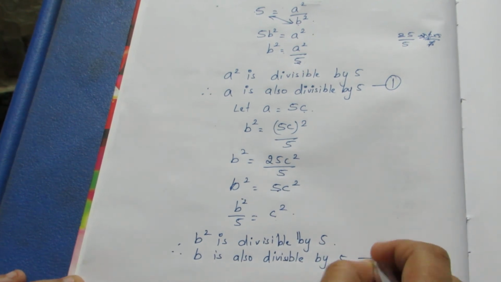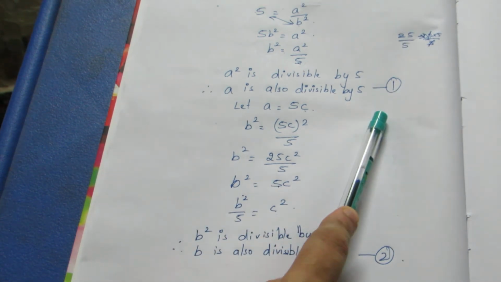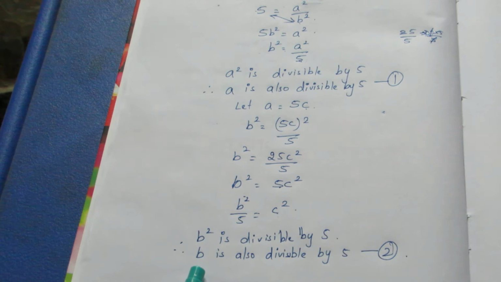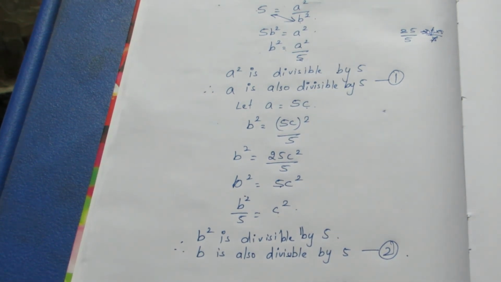I am marking this equation to be 2. What I got in the first, a is also divisible by 5. Here in the second one, b is also divisible by 5. From the first and second, we know that a and b are divisible by 5.